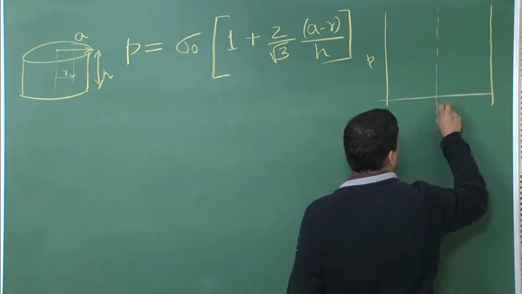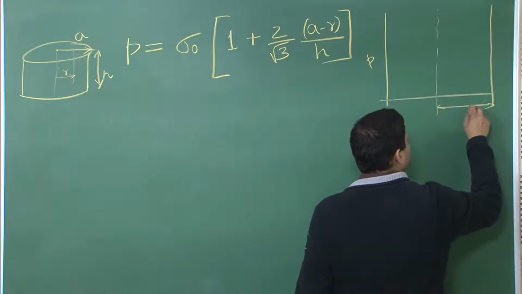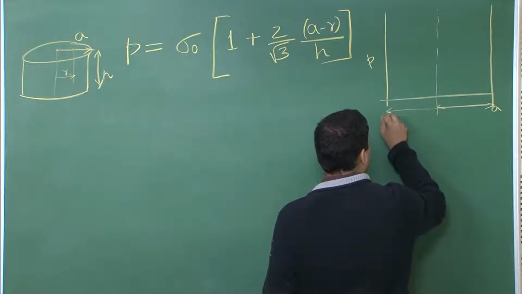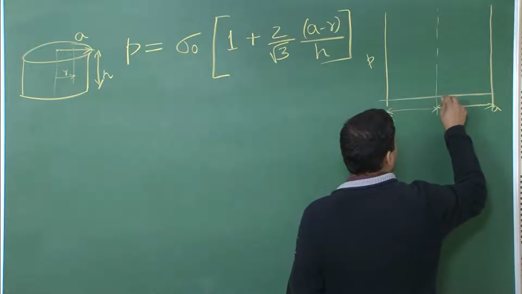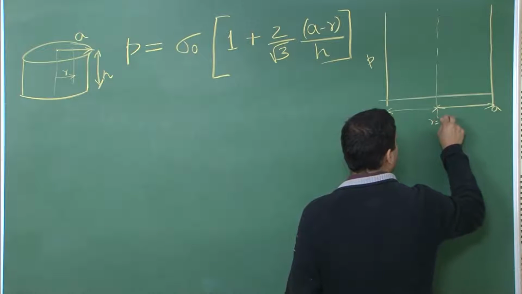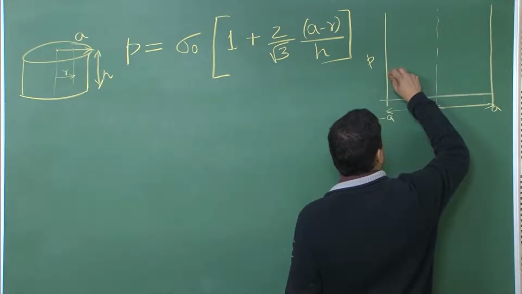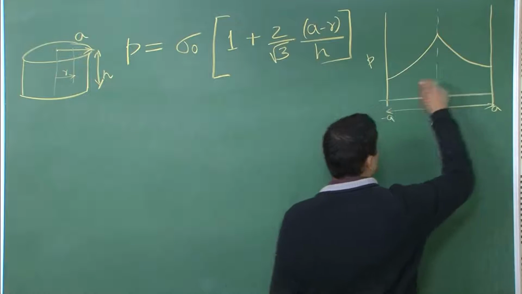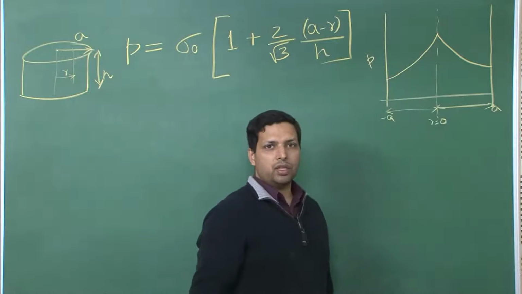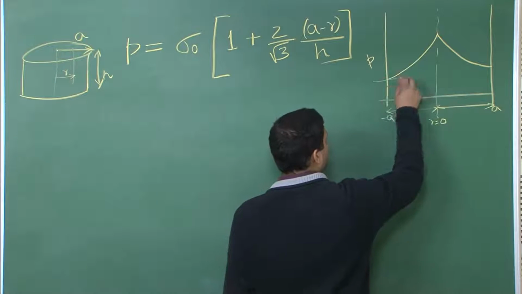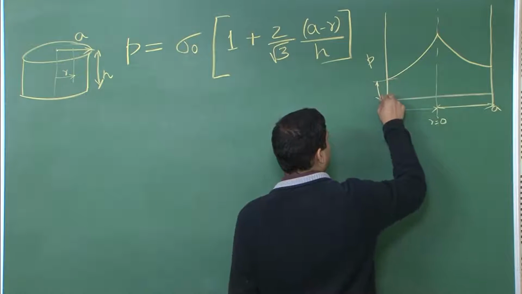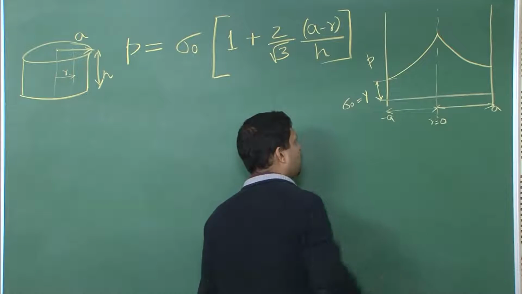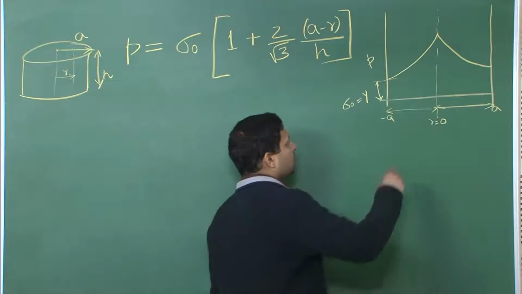That implies that if you are looking at pressure as a function of radius, this point is a, this point is minus a, this is r equal to 0. Earlier we saw the pressure had a variation like this, where the extreme values were equal to y, which is the same as sigma naught. We are using different notation, but it is the same thing.